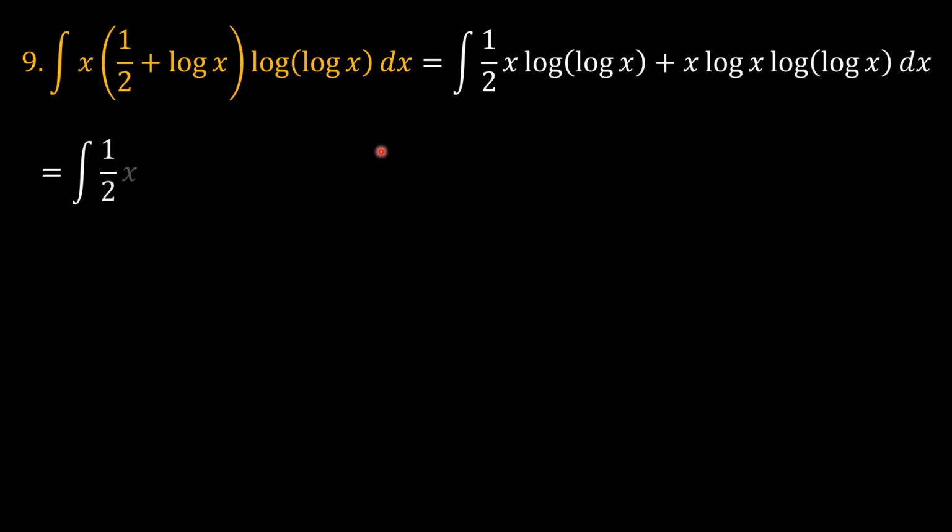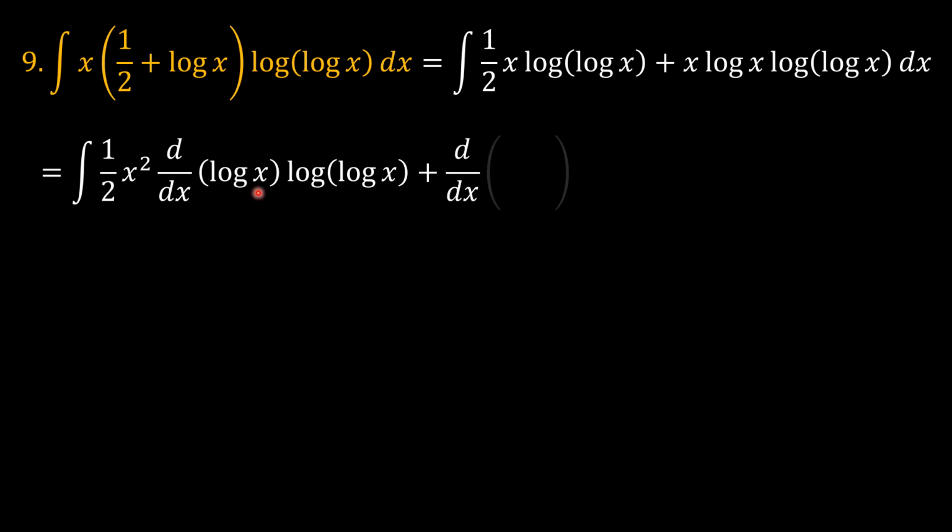And that is that we do have a half x squared times the derivative of log of x that is hidden here, and the x here is the derivative of half of x squared.